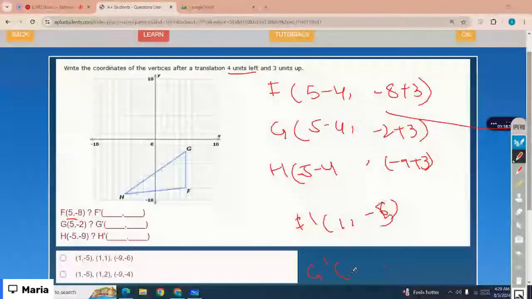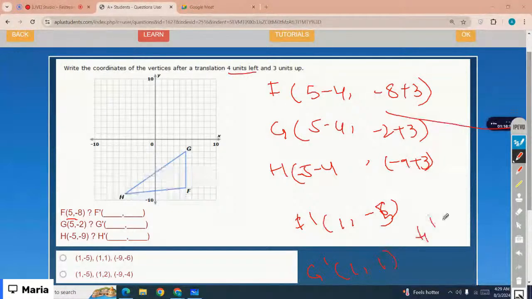G dash is 1 and 1, and H dash is -9 and -6. So option number 1 is the correct option, right? That is 1, -5, 1, 1, -9, -6. Option number 1 is the correct option.